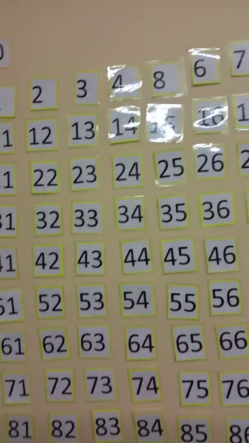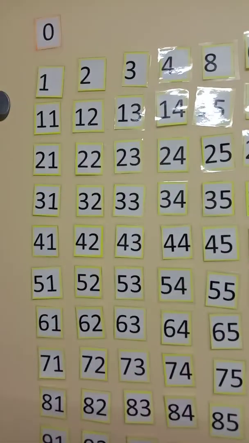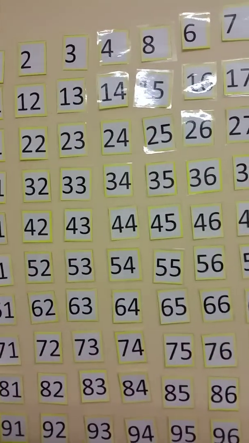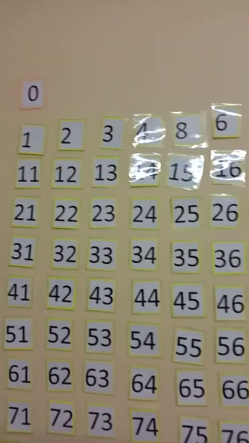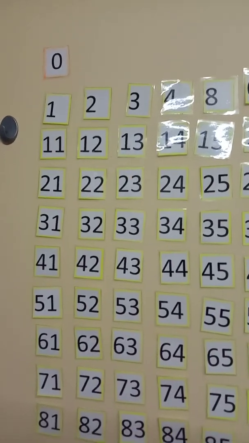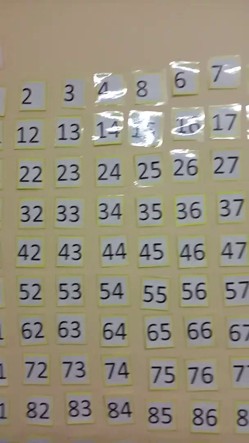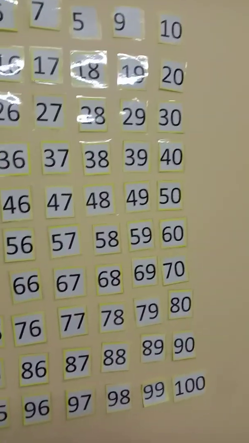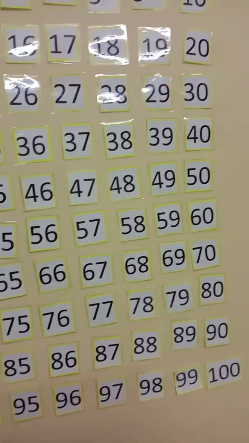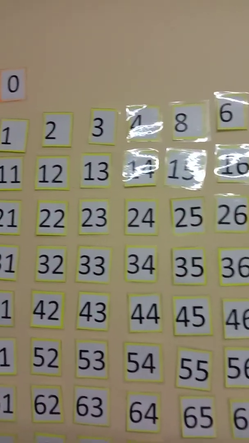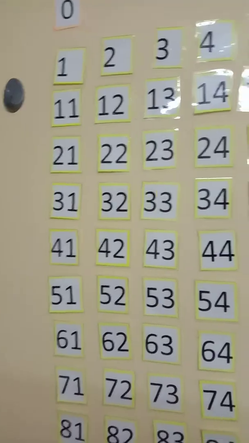You can also use it for number lines. The number lines, you can arrange them accordingly and just put a long wire or something that is long for the number line, if you want to do any calculations or any activity.